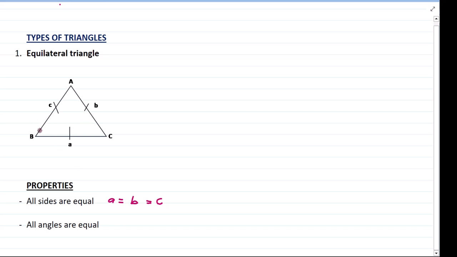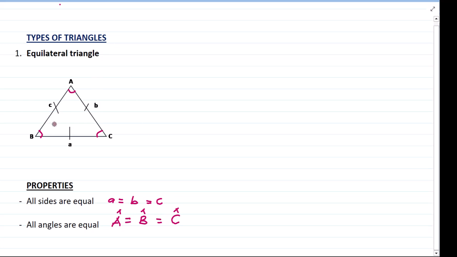So here we have angle B, angle A, and angle C. So we can say that angle A is equal to angle B and is equal to angle C. So the key point here is that all sides are equal and all angles are equal.